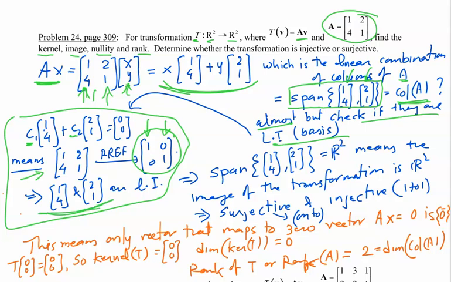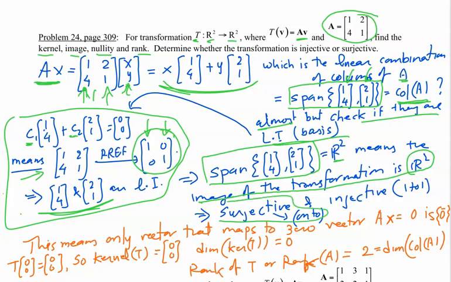If they are linearly independent, then the span of these two column vectors is going to give you R square. That means the image of the transformation is R square. If you do the spanning, you get all the possible vectors in R square. So this transformation is surjective, onto.